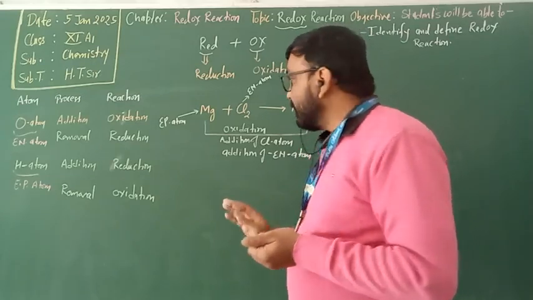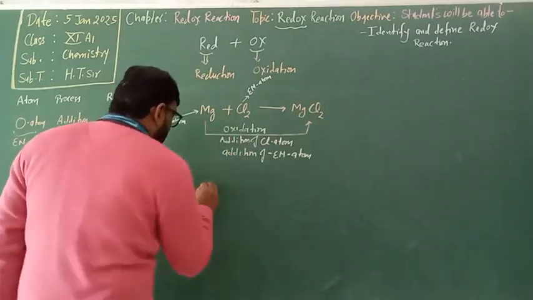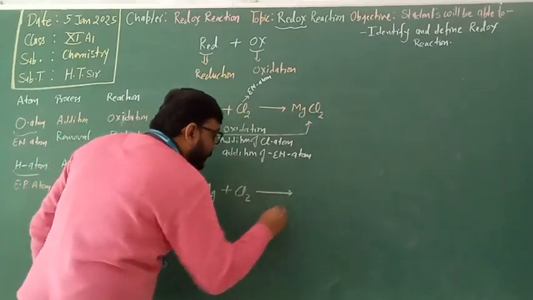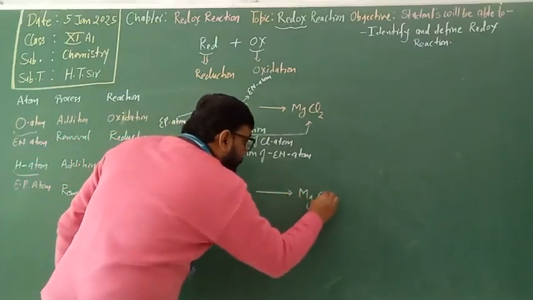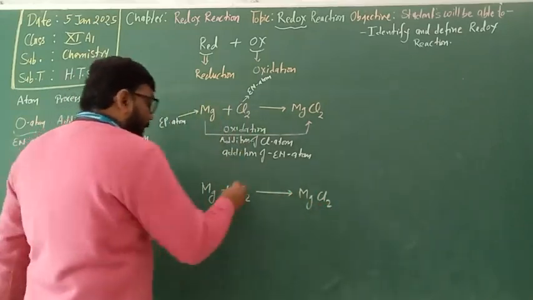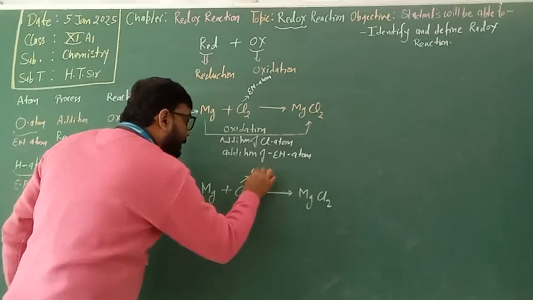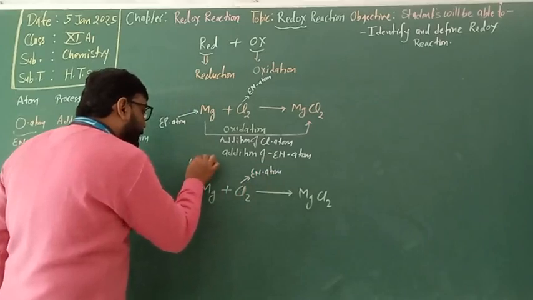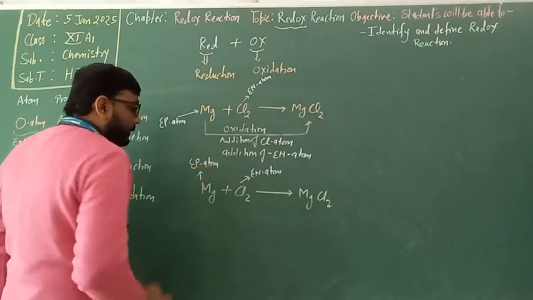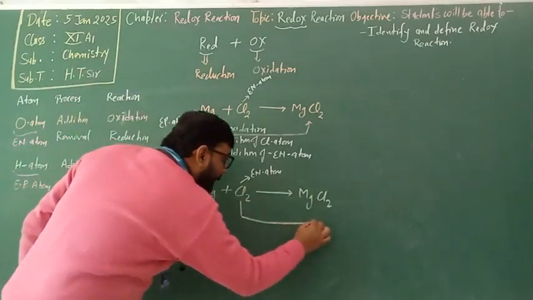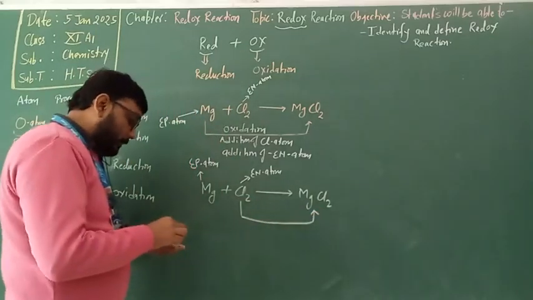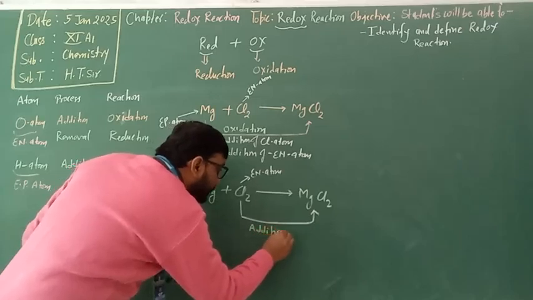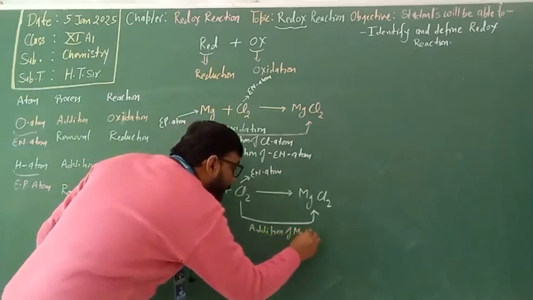Any doubt? Now, see the same process with reference to the chlorine atom, magnesium chloride. Now look, the chlorine atom is the electronegative atom and the magnesium atom is the electropositive atom. What happens when the chlorine gets converted to magnesium chloride? There is the addition of a magnesium atom.